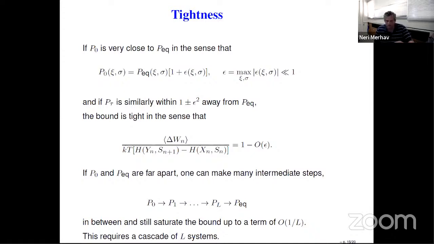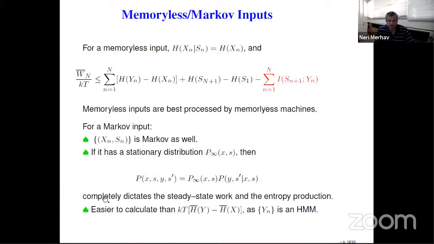I'm going in small steps, so if the equilibrium distribution is sufficiently close to the initial one, then the ratio between the actual work I can extract and the entropy production in that cycle is very close to 1. And if I'm going in small steps, I can get as close as I wish to the bound. The details are in the paper. I'm not going to get into it now.